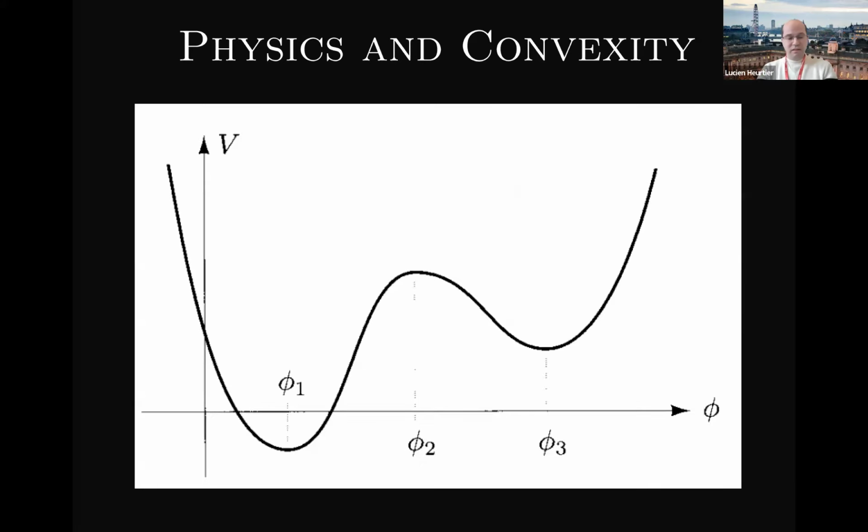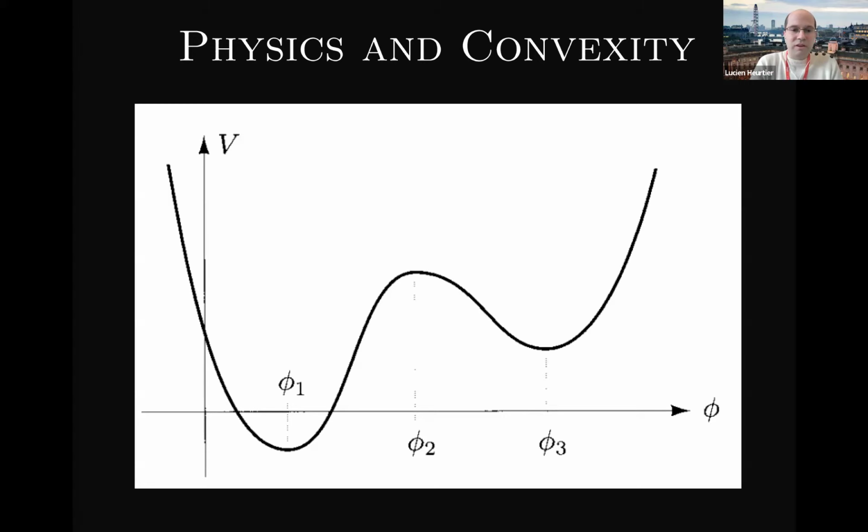This is a situation which is of interest in field theory, even in particle physics, cosmology, and beyond the standard model physics, because people play a lot with scalar potentials. In the context of fast vacuum decay, if you take a potential at the classical level, it doesn't have to be convex, but one knows that once you include quantum corrections to it, in principle you should go towards convexity.